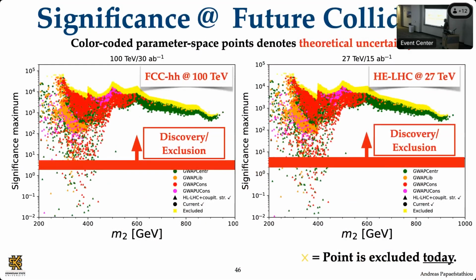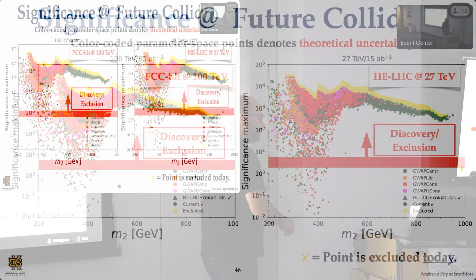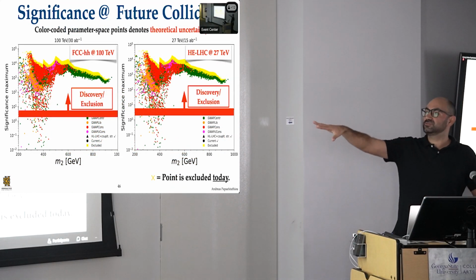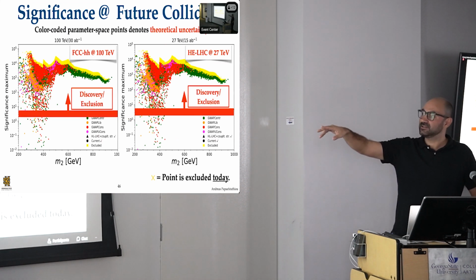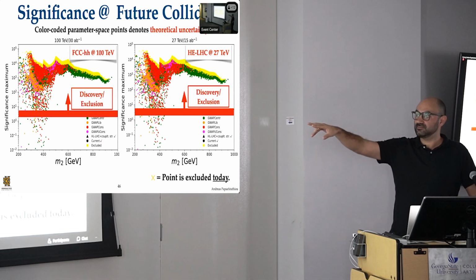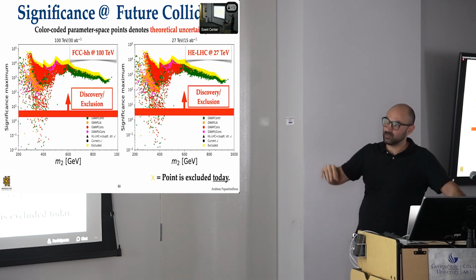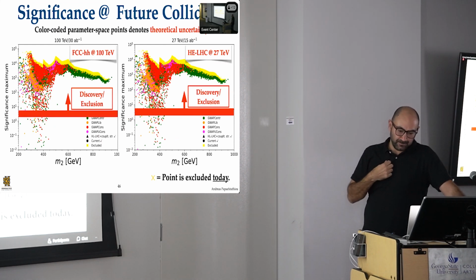This is a color-coded parameter space, where the color coding denotes how sure we are that this is linked to the electroweak phase transition being first order. I just wanted to highlight the fact that most of these points will be either discovered if they exist or excluded if they don't once we run these experiments.